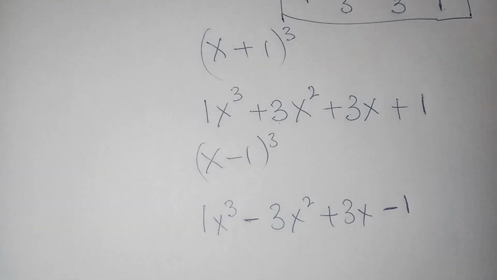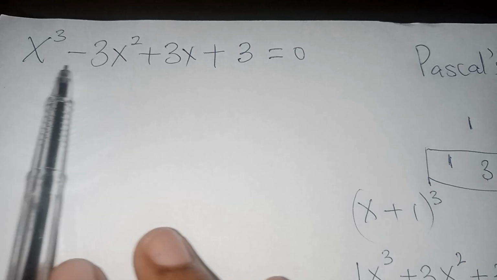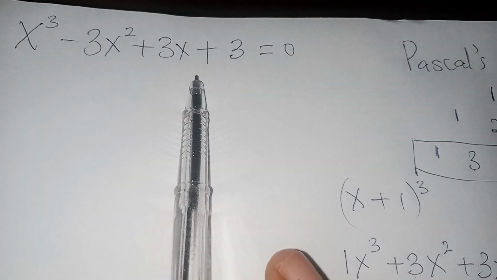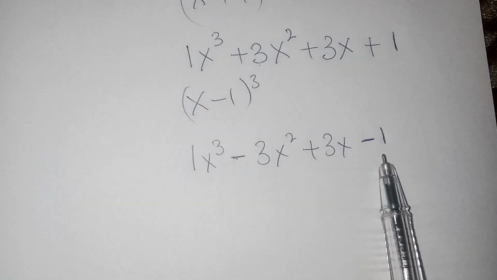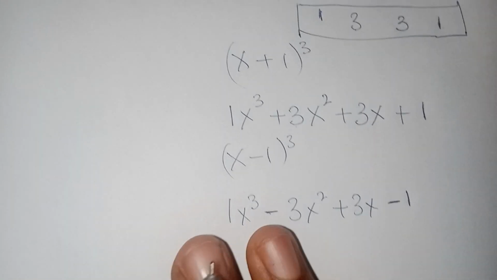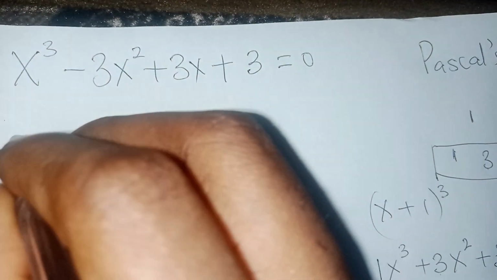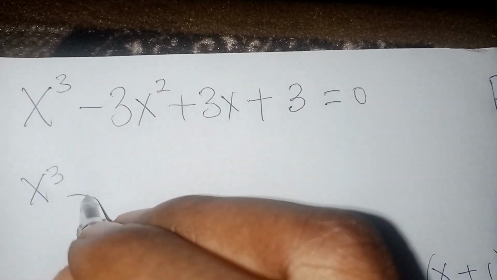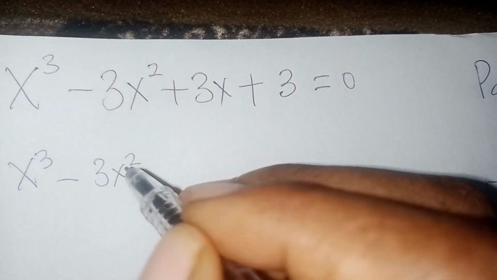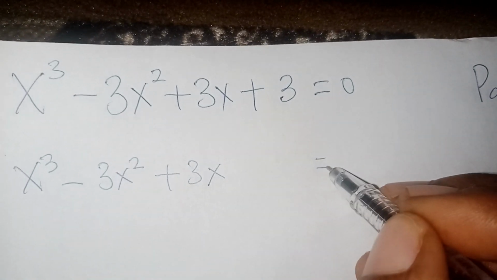All right, so x minus 1 to the third power, we have 1x cubed minus 3x squared plus 3x minus 1. And now looking at this and the question given to us, we have a plus here, but here we have a negative sign. There's something we can do, don't worry about it. So what we'll do is move this 3 to this side, and then we have x cubed minus 3x squared plus 3x, and then we'll leave this one.